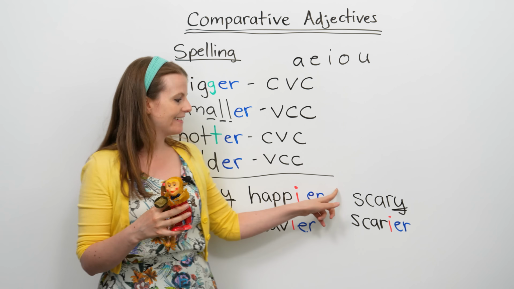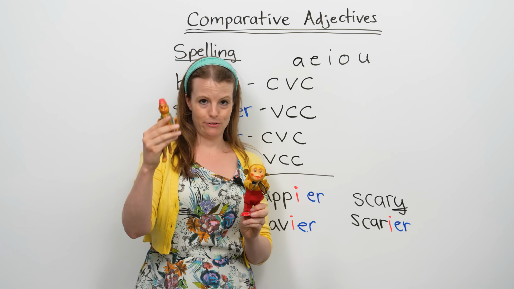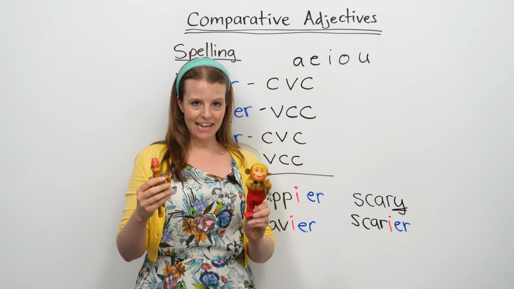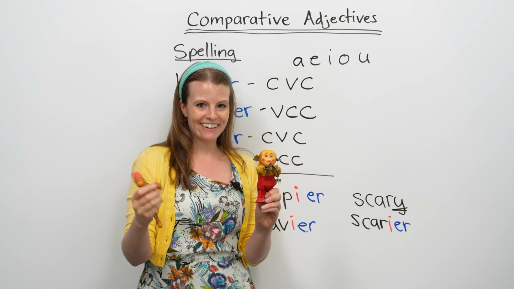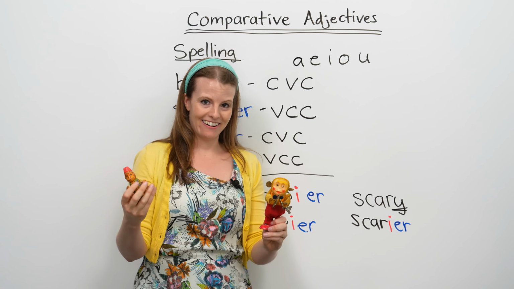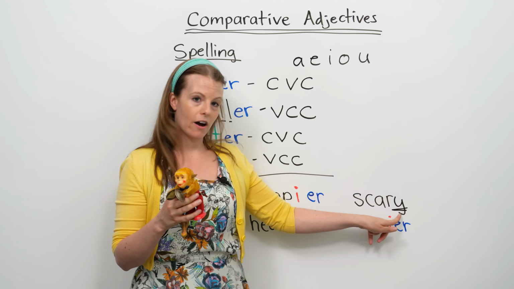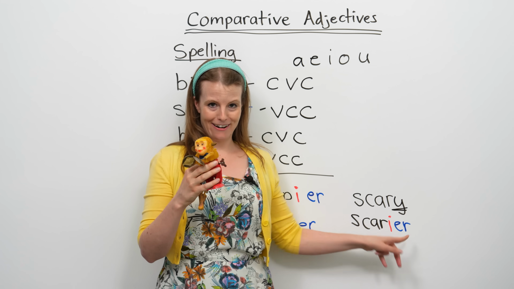Which monkey is the scary monkey? Okay, is it this one or this one? I think this monkey is scarier than this monkey. So if I'm going to spell out the word scarier, scary ends with a Y. So we change the Y to an I, and we add ER.